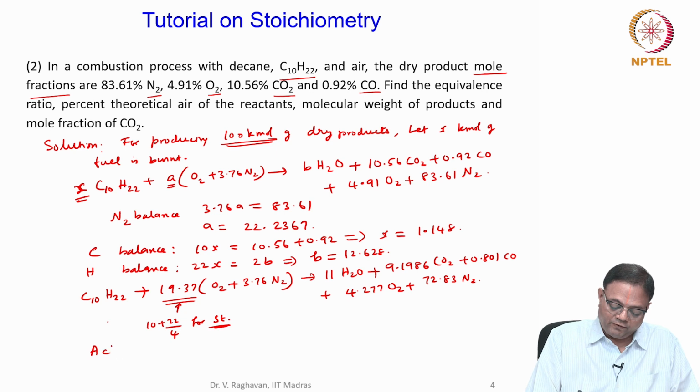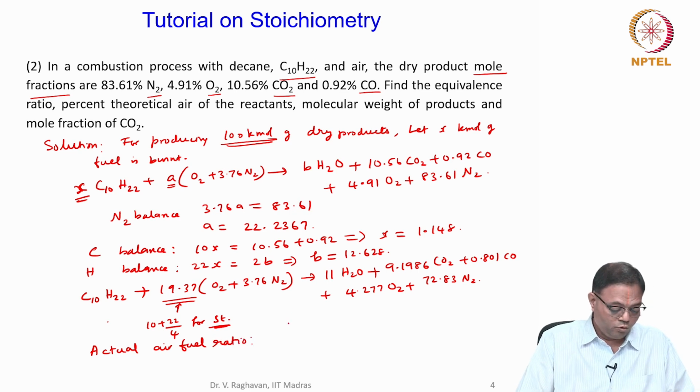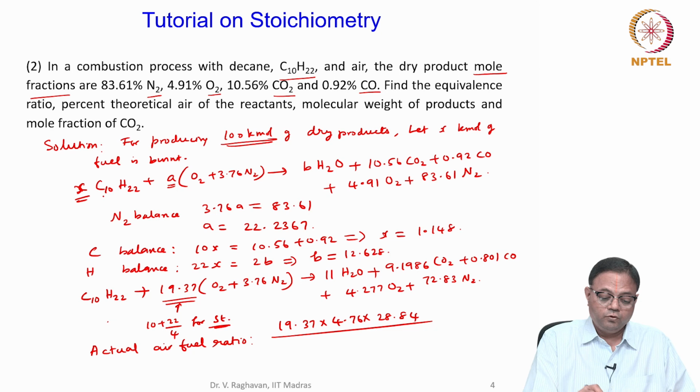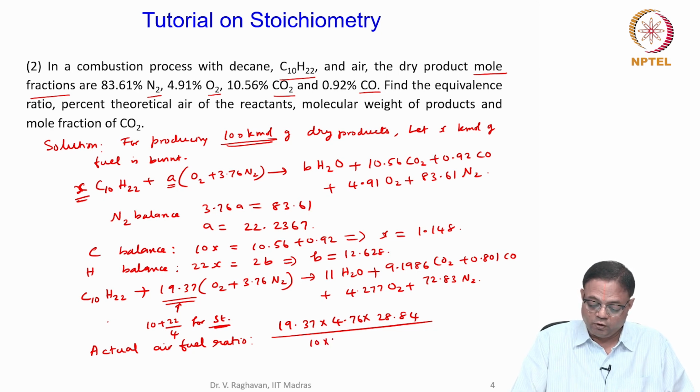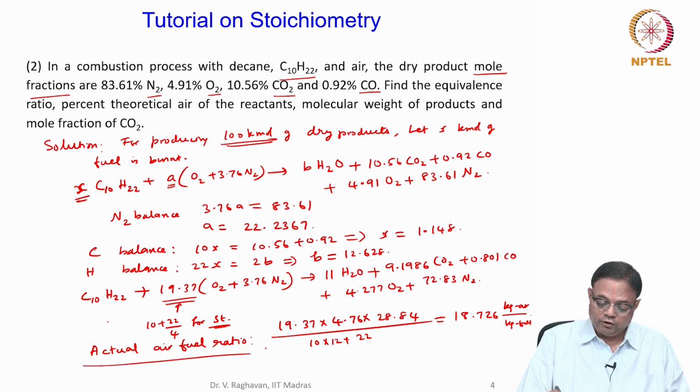So let us say first I will find the actual air fuel ratio, that will be equal to 19.37 times 4.76 into molecular weight of air, taken as 28.84, divided by the molecular weight of the fuel, that is 10 into 12 plus 22. So that will be 18.726 kg air per kg fuel. That's the actual air fuel ratio.